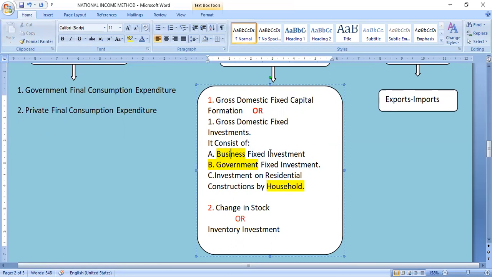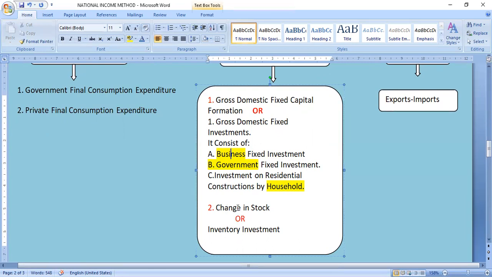These are included in the gross domestic fixed capital formation, plus change in stock or inventory investment. Out of the two, any one may appear in the question, so we will include it here if the change in stock or inventory investment is given.